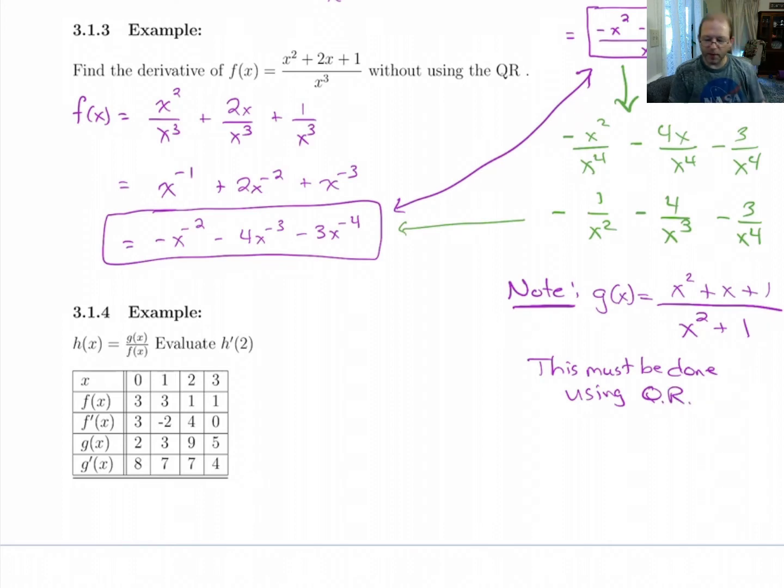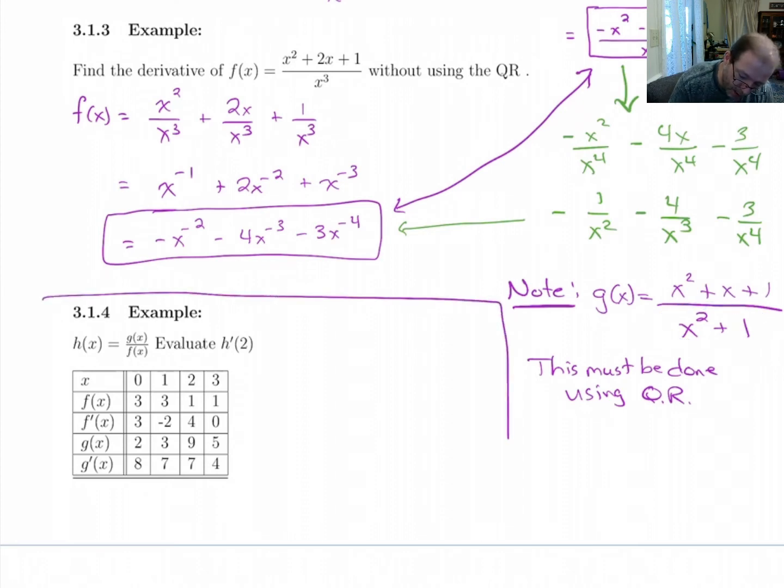You can't split it up into 3 fractions and just do it. I guess you could technically split it into 3 fractions, but then you'd have to use the quotient rule on each one of those. And the difference is this up here just has a single term in the bottom. This has something more complicated.